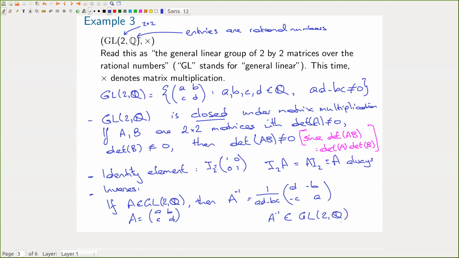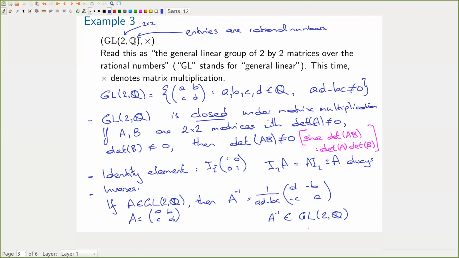So like the other examples we just saw, this is an example of a set of mathematical objects equipped with a binary operation, this time matrix multiplication, with these properties: whenever you take two elements of the set and combine them using that operation, you're still in the set; there's a neutral element for the operation, and that neutral element lives within the set. And finally, whenever you take any element of the set, there is an element there with the property that those two combine together to give the neutral element.